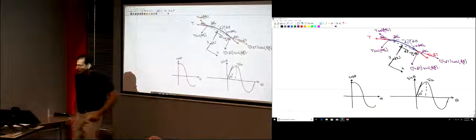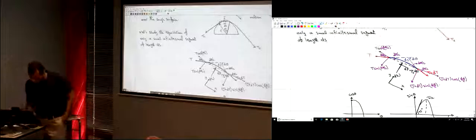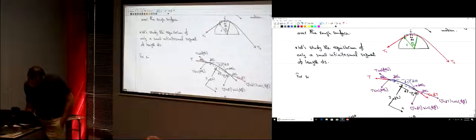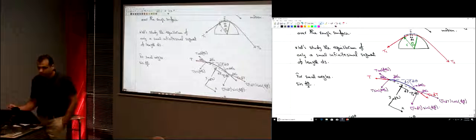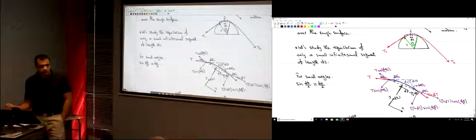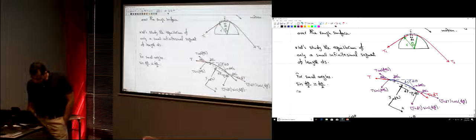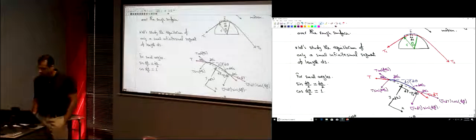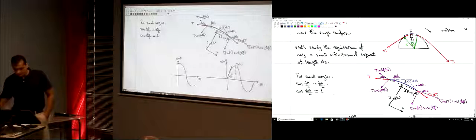So for small angles, sine d theta divided by 2 is equal to the angle itself, d theta divided by 2, and cosine d theta divided by 2 is almost 1.